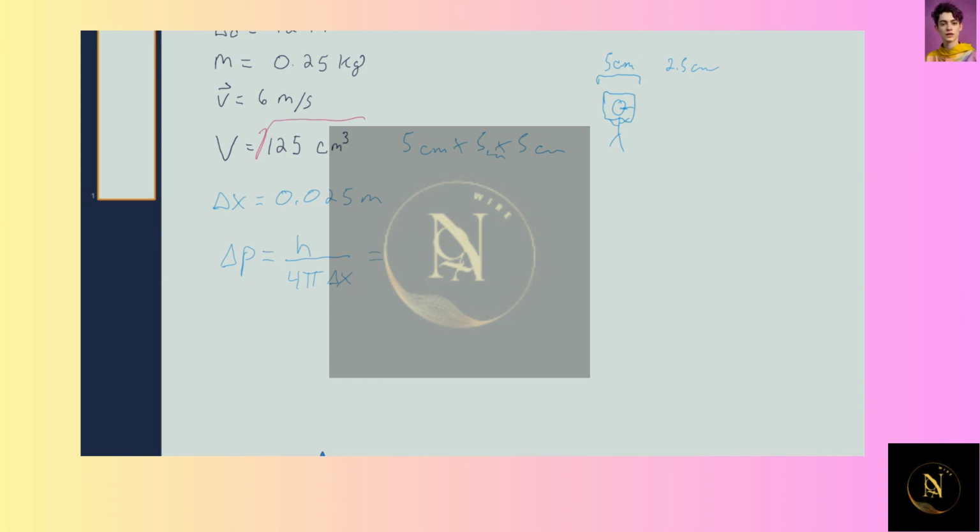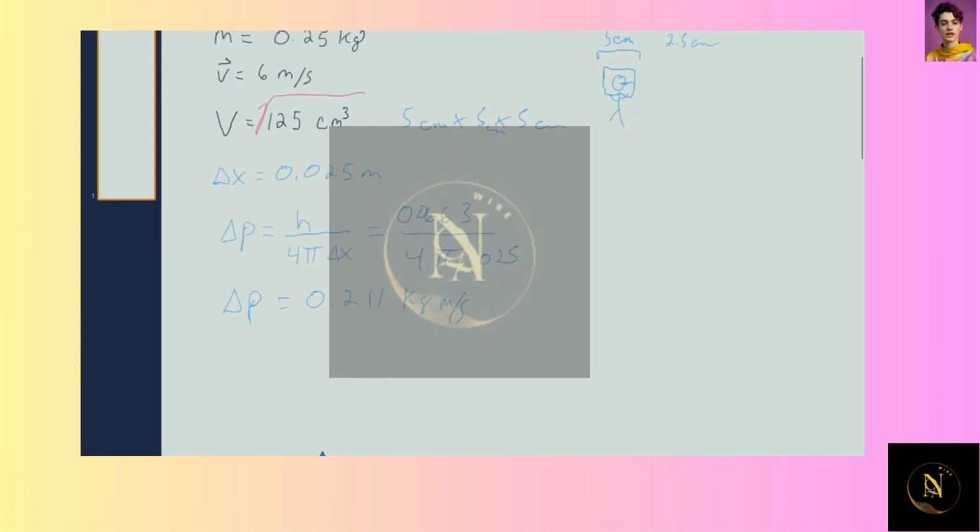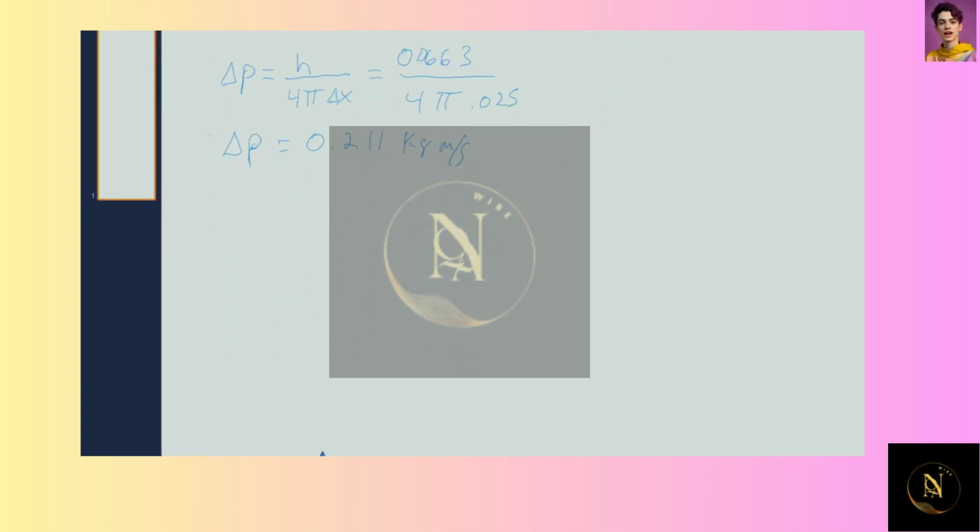Substituting our numbers in, we would have 0.663 over 4 pi times 0.025. Run that through the calculator, and that gives us an uncertainty in momentum of 0.211 kilogram meters per second. That would be the first part of the question, the uncertainty in the momentum.